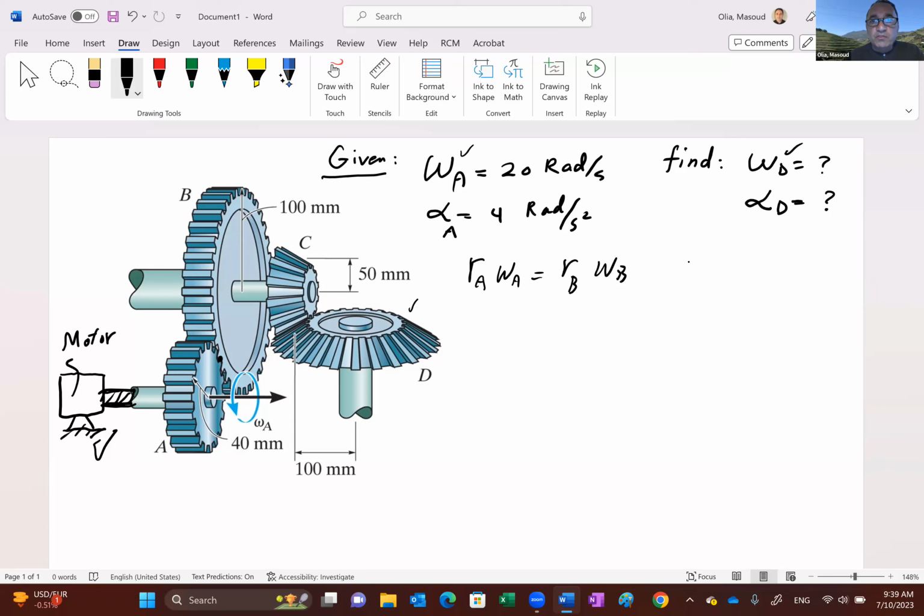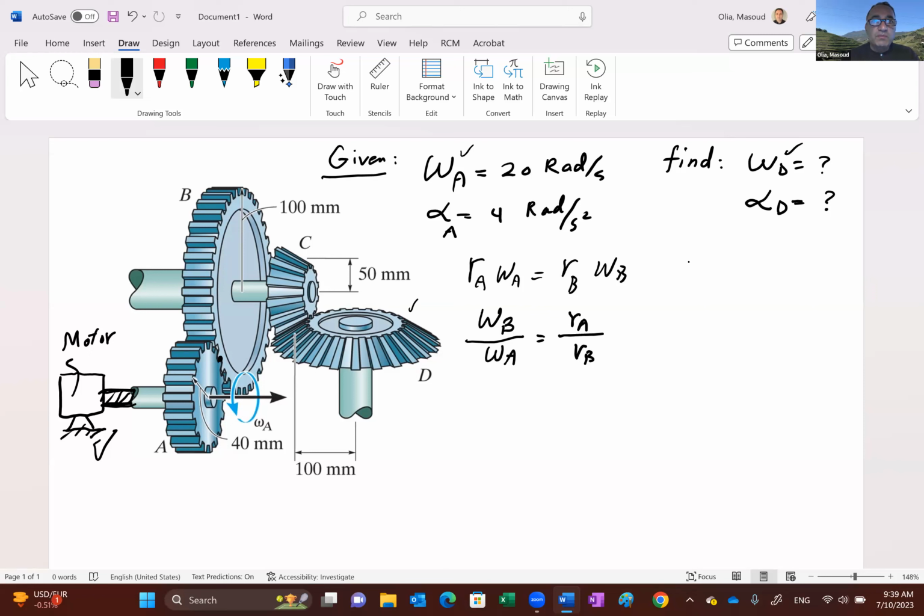So if you want to find omega B, omega B over omega A is RA over RB, which is the inverse relation, meaning that the smaller the gear, the faster it rotates. The larger the gear, the slower.